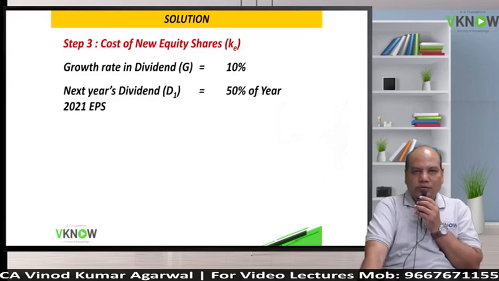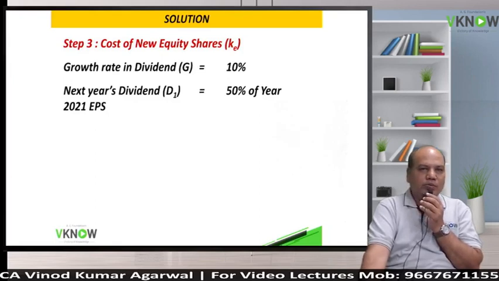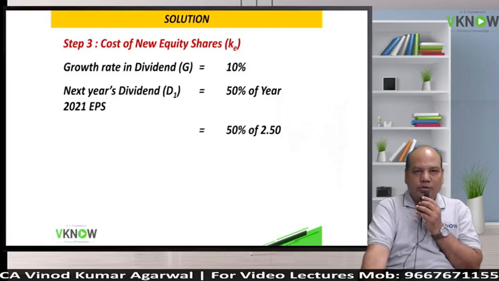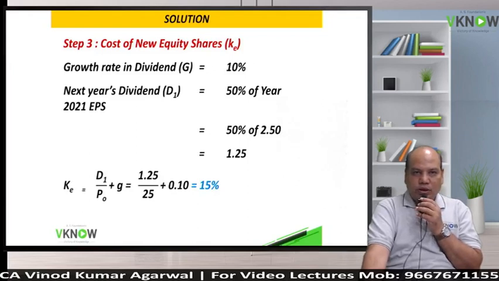Next year dividend D1 is equal to 50% of year 2021 EPS, 50% of 2.50, which is 1.25.